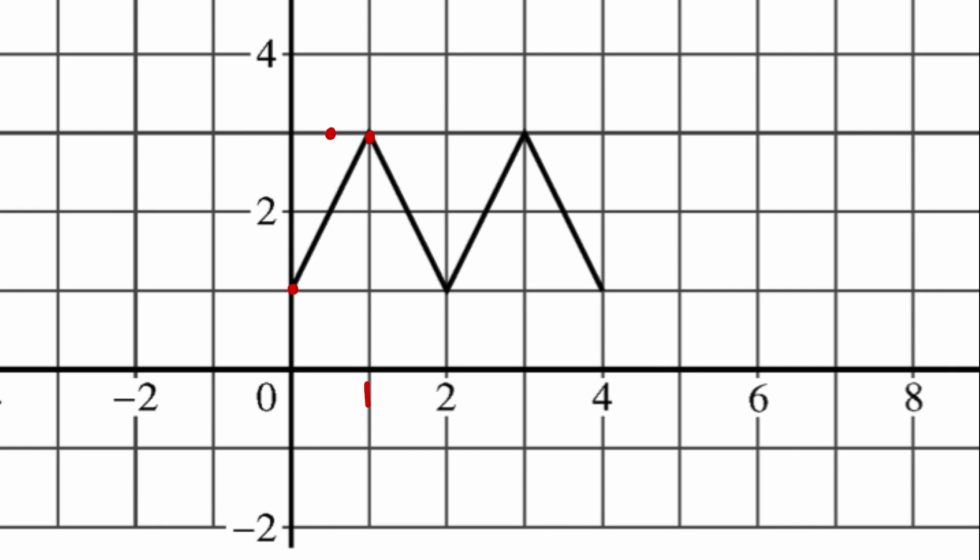Then we take a straight line here. And this is 2, becomes 1 because we multiply by half. So it becomes this point. And then you continue to make the pattern. So this is my new function after we stretch it by half. This is 4, becomes 2. This is 3, becomes 1.5.